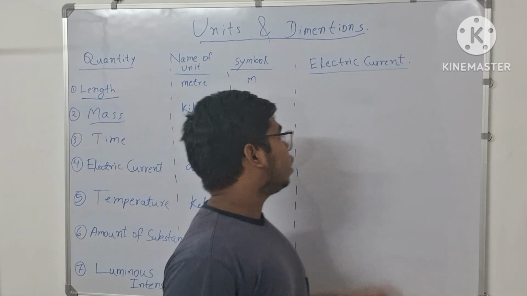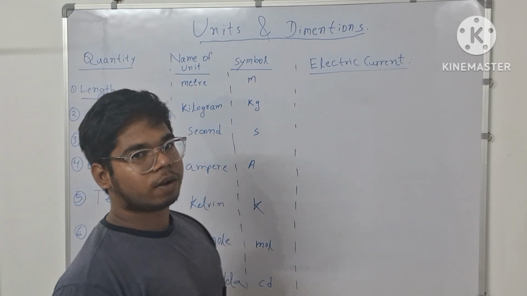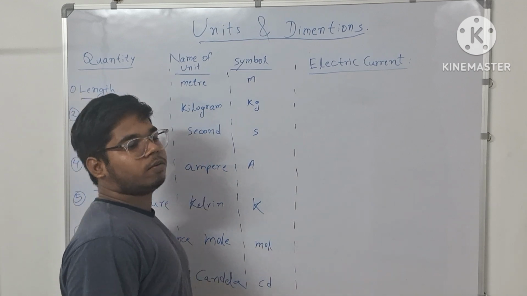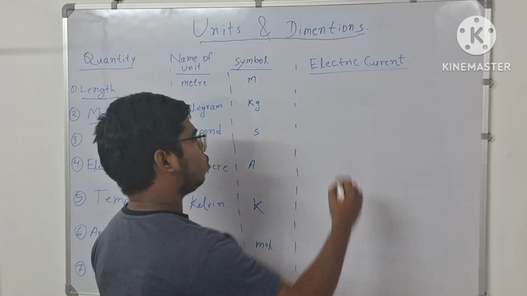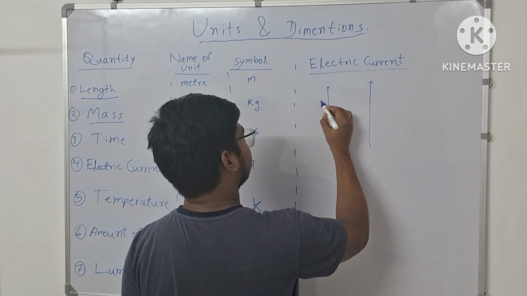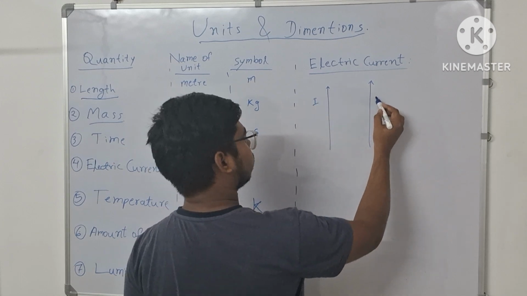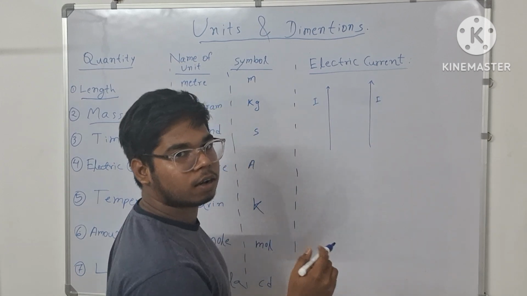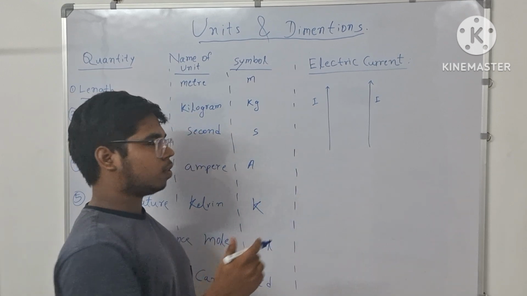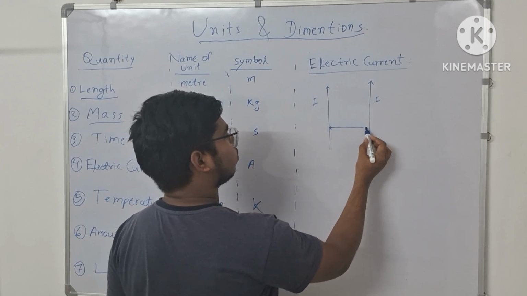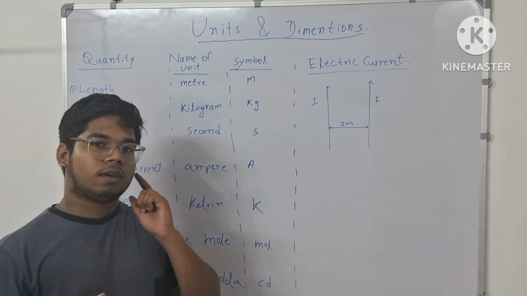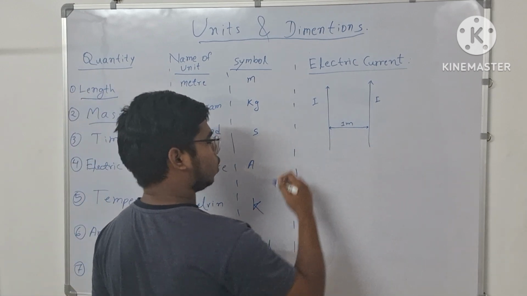Next is electric current. How to define the unit of electric current? It is the ampere. When two wires of infinite length carry the same current I in the same direction, placed in vacuum and separated by 1 meter distance, there is a force of attraction between these two wires.